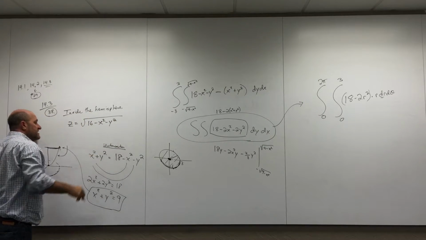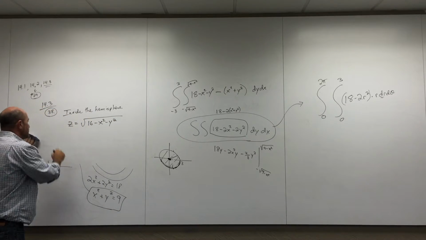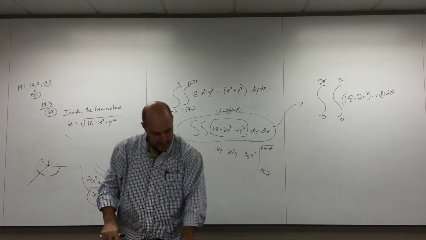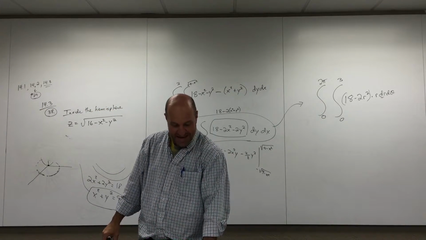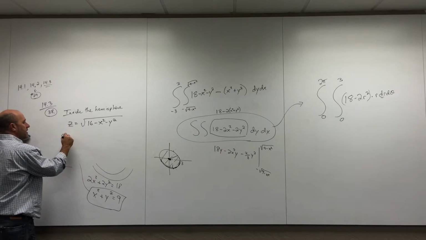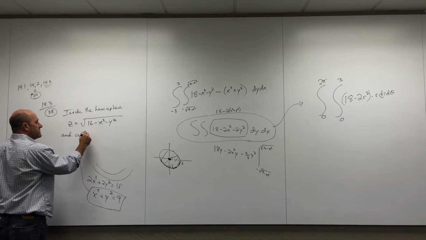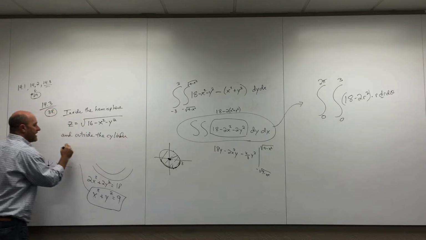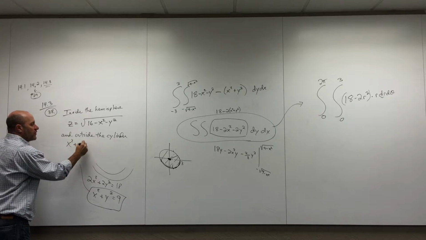Inside the hemisphere and outside the cylinder, x squared plus y squared equals 1.